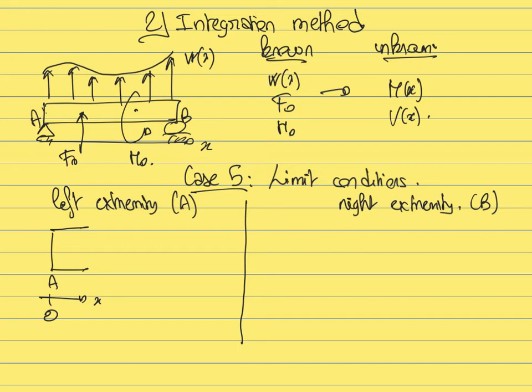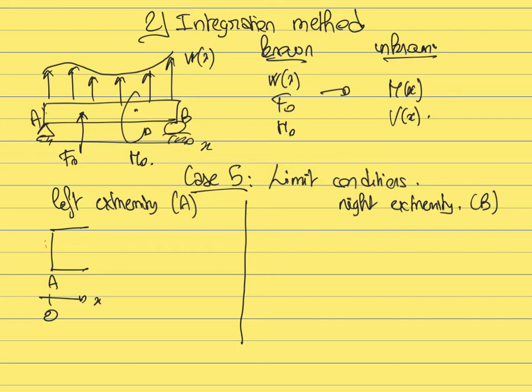Usually when we define the unknowns, we don't need to worry about the sign, because those are unknown. But for the sake of this proof, I'm going to write them directly with the sign convention that we use for the internal shear and the internal moment, and we will see in a few seconds why.